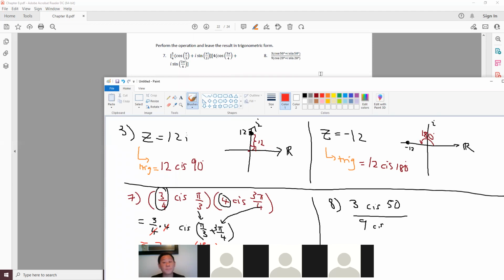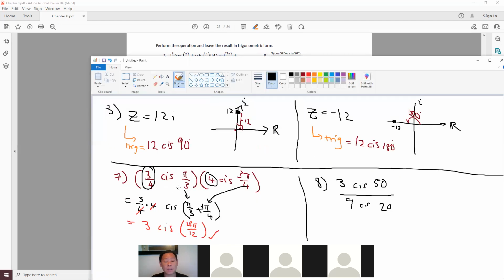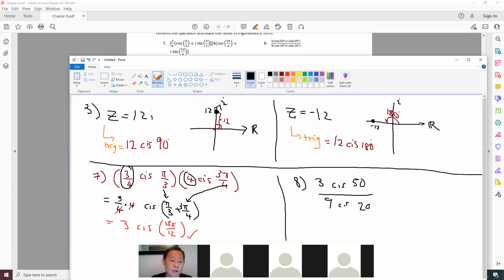Okay. So it's pretty simple. As long as your work is in the trigonometric or CIS form, then you can just apply this formula for multiplying and dividing. So on question number 8, we are dividing.